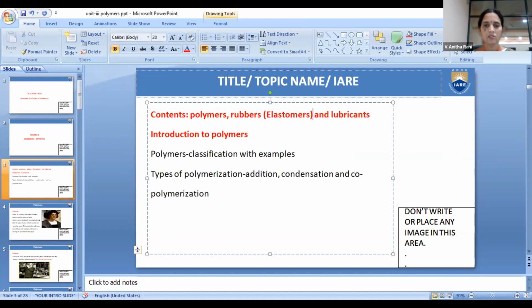I am writing elastomers also. Okay, polymers, elastomers, that is rubbers, and lubricants. Module 3: polymers, rubbers, lubricants.